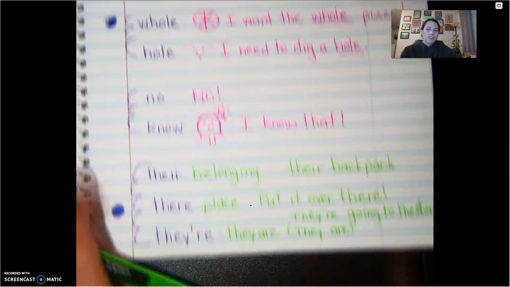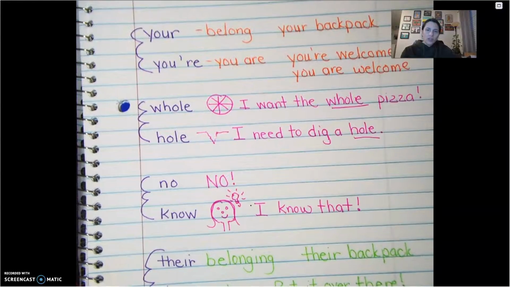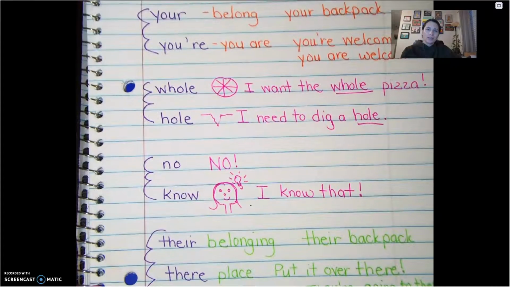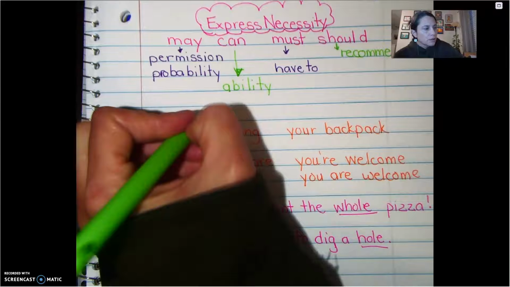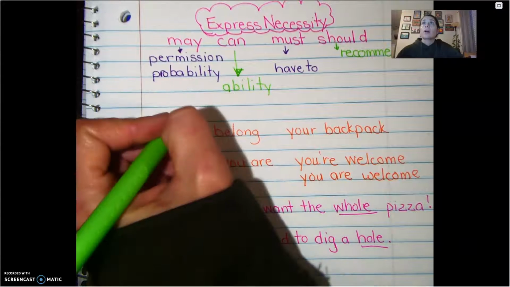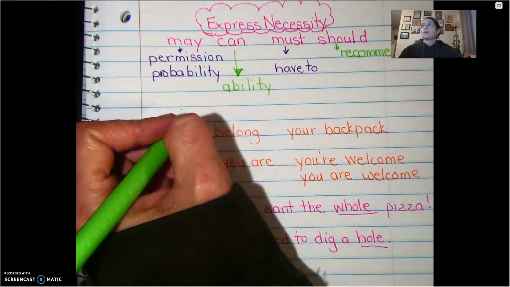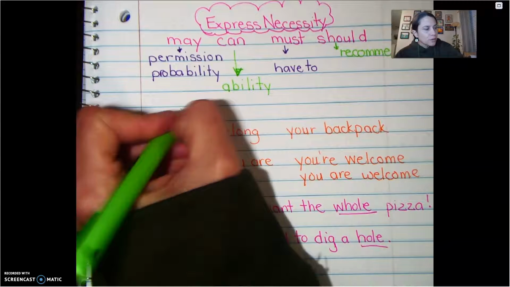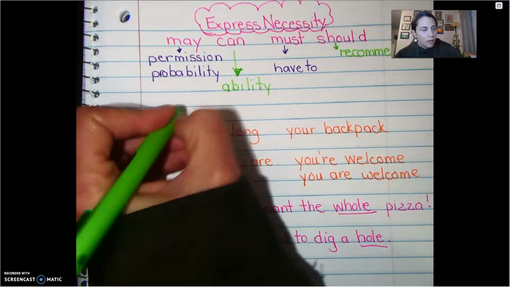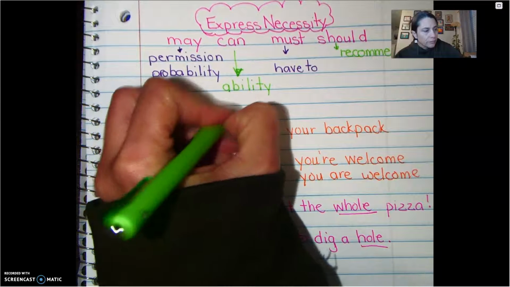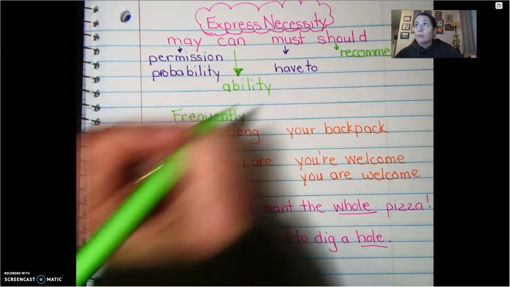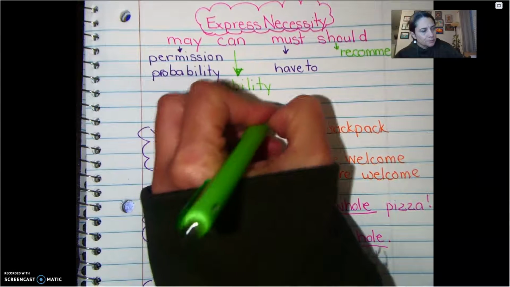Okay, so now that you have these, you're going to be doing another assignment with this one. This one is called frequently confused words. That way you know what the assignment is.